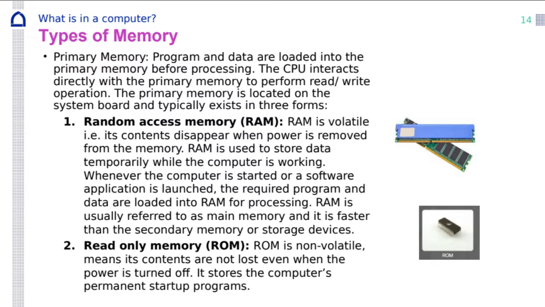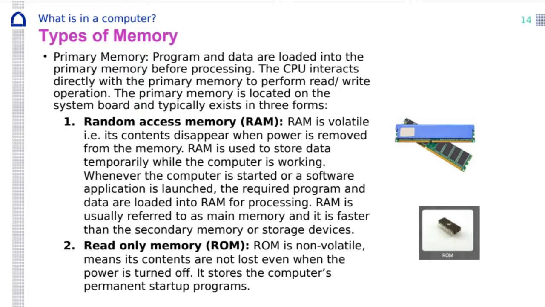For types of memory, we have RAM, and there are differences between RAM and ROM. RAM is volatile, so if you turn off the power, the data on the RAM is gone, is erased. When you switch on the computer again, you have to store the data again. It's called random access memory.